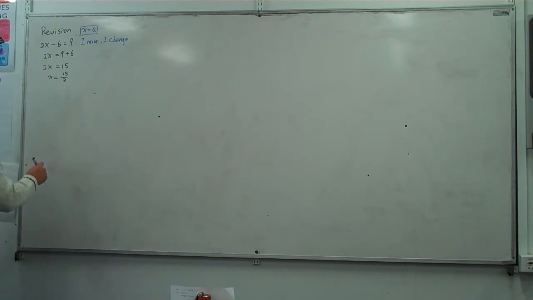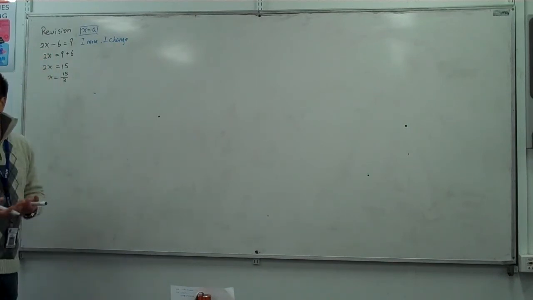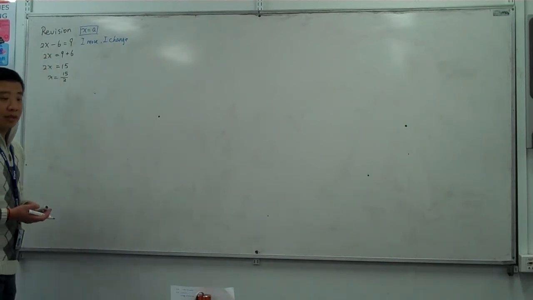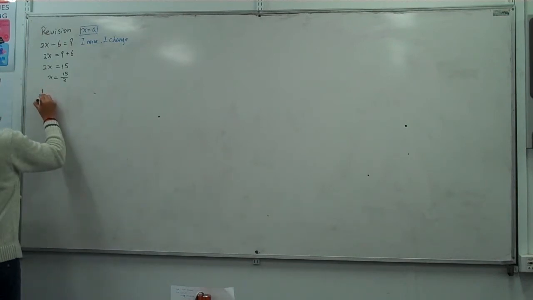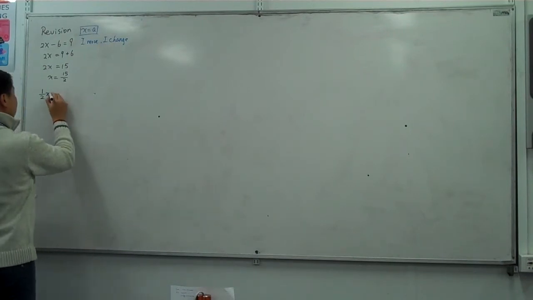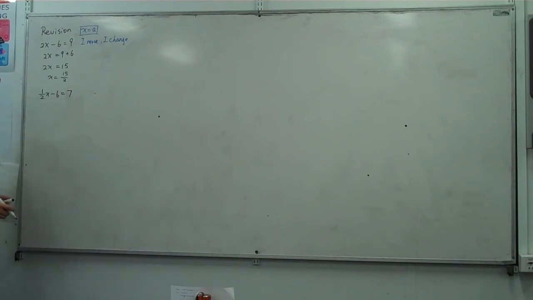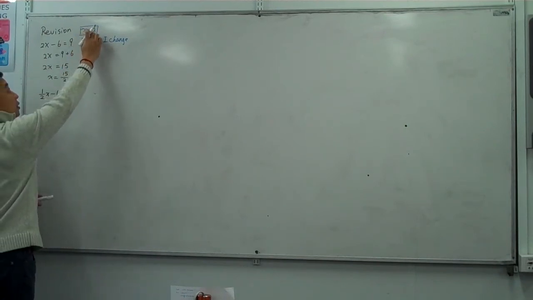Okay, now this is one easy question. Also, if you have a fraction as a coefficient, then everything remains the same. For example, if we have half x take away 6 equals 7. I still have to think of the x equals a format.